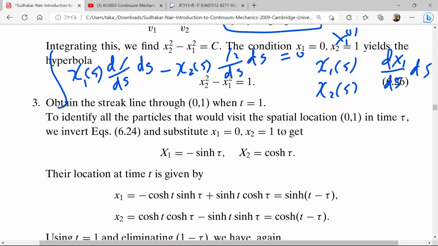Streak lines through 0, 1 when t equals 1: to identify all particles that would visit spatial location 0, 1 in time tau, we invert and substitute.